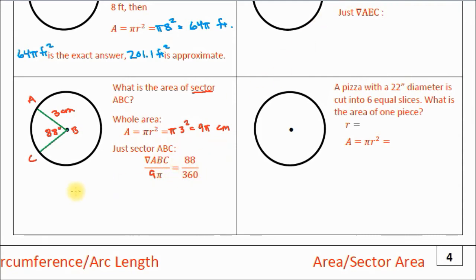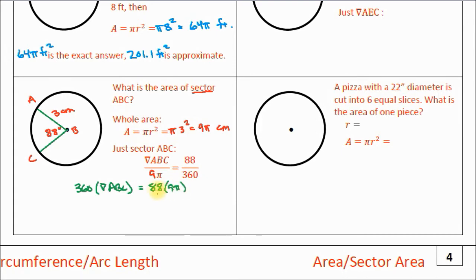Let's cross multiply. We've got 360 times, I'll put this in parentheses, sector, oops, that's a right side up triangle. It's going to be an upside down triangle. Sector ABC is equal to 88 times 9 pi.